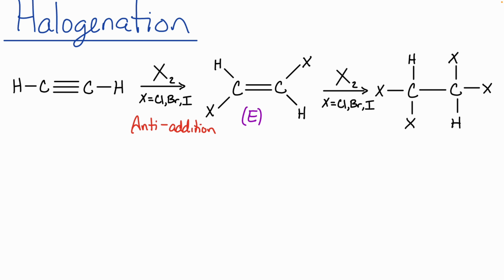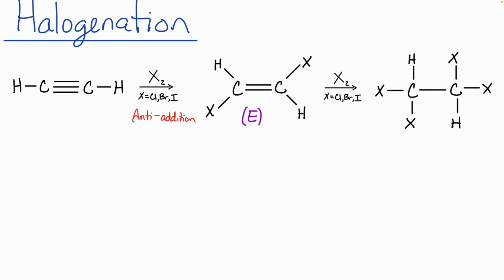But is my product here going to be stereospecific? Right? We talked about how these reactions were those anti-additions, right? But if we look over here, is this a chiral carbon? No, why not? Because it's got two halogens on it.